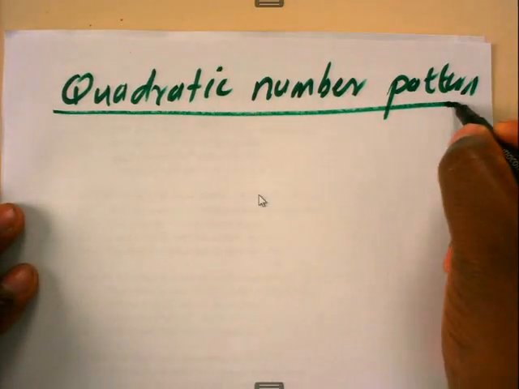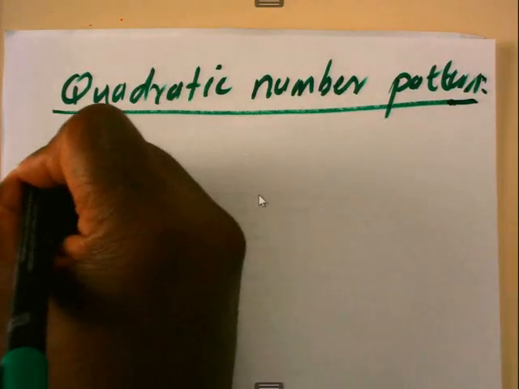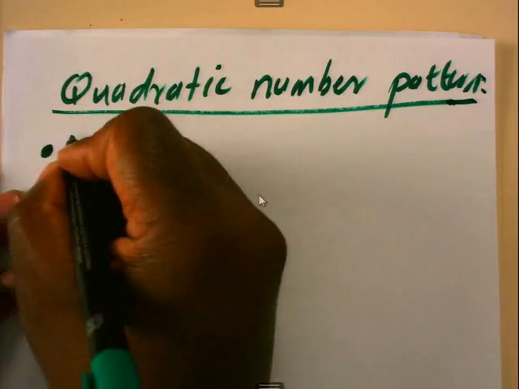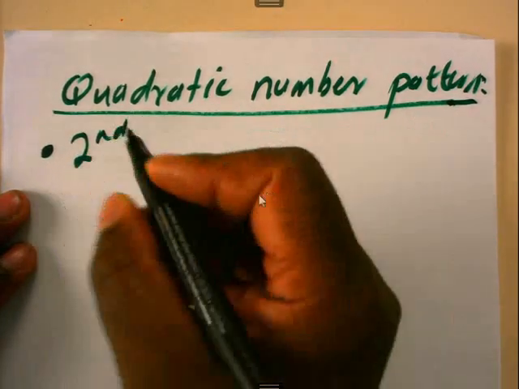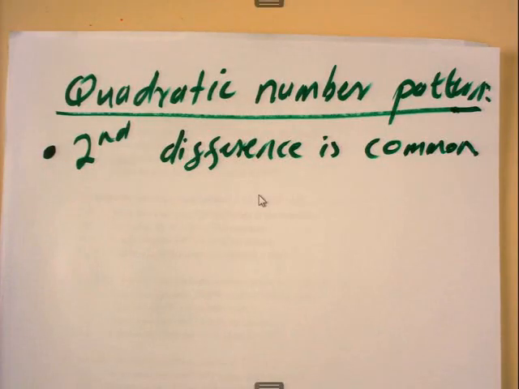What is important about a quadratic number pattern is that the second difference is common. It's very much important to know that. Remember, in the linear number pattern, we said the first difference is common. So, in a quadratic number pattern, the second difference is common.